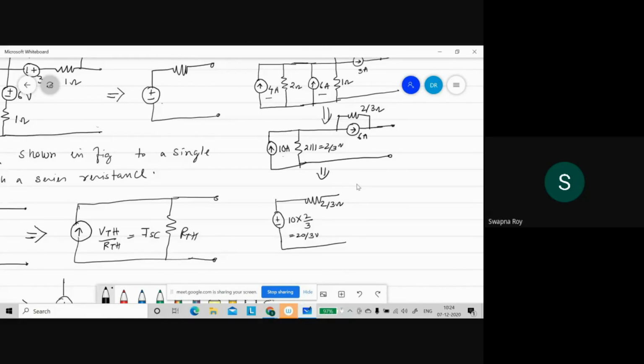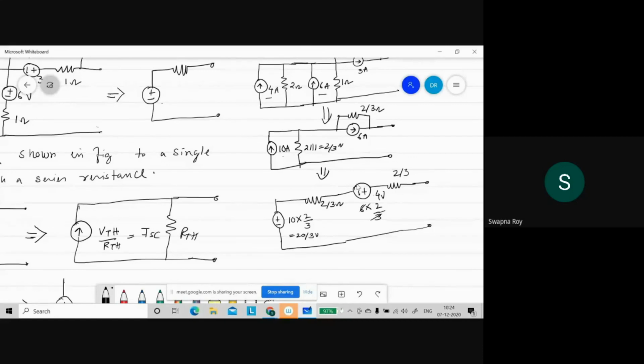Again, this will be 6 into 2 by 3, so this will be 4 volt. And the value of the resistance is 2 by 3.